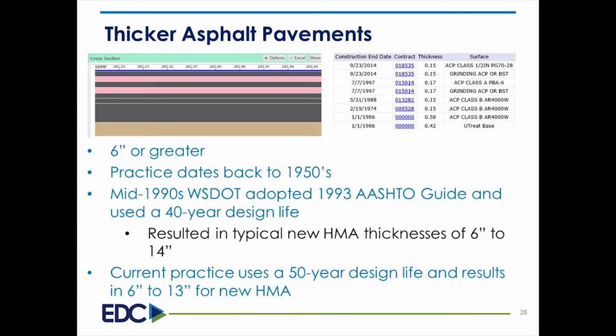Okay, we have a situation with thicker asphalt pavements in Washington that drive some of the decisions that we make with asphalt. And this is just a diagram from our pavement management system, a cross-section diagram that shows different thicknesses over the years. These are different projects that were done over the last 50 years on this particular example.